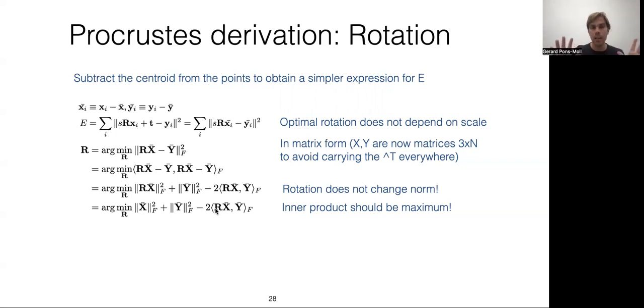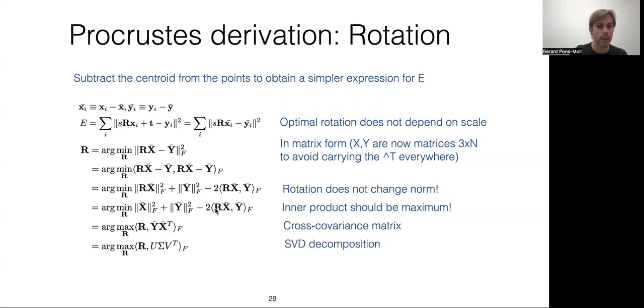Because X after rotation should overlap with Y, and therefore the inner product should be maximal. Okay, so this is equivalent to argmax over R.